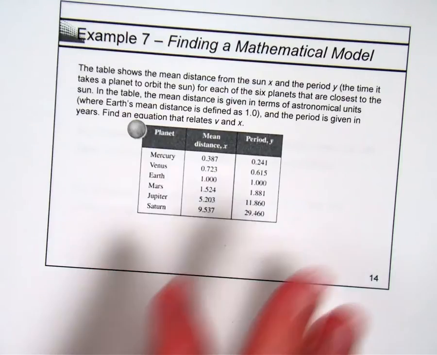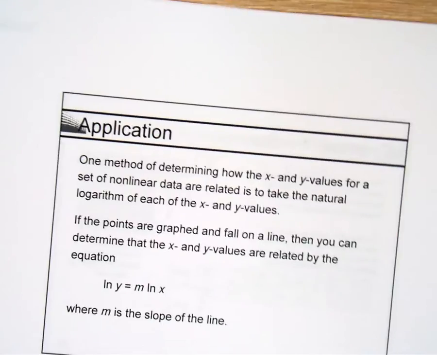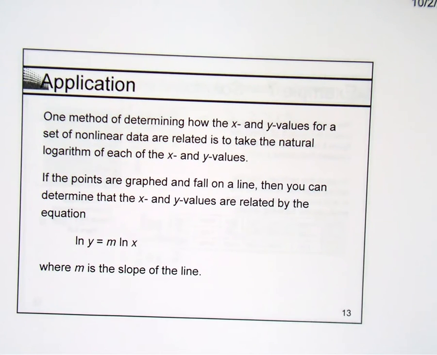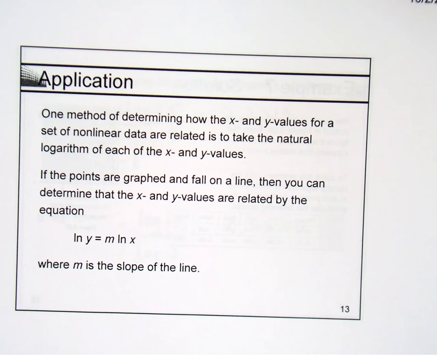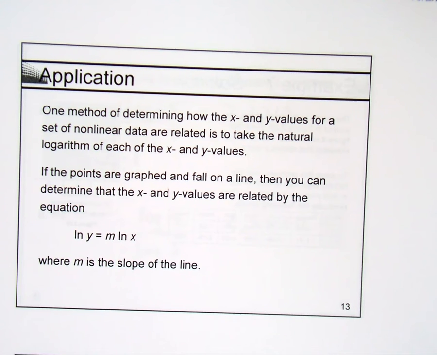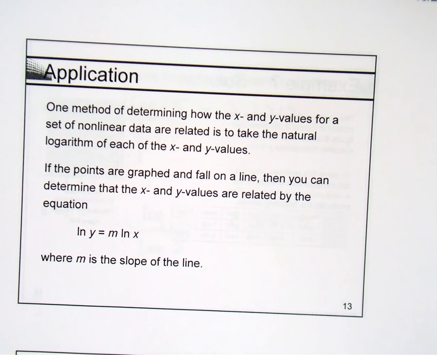Next up we have application. Real life problems. One method of determining how the x and y values for a set of nonlinear data are related is to take the natural log of each of the x and y values.